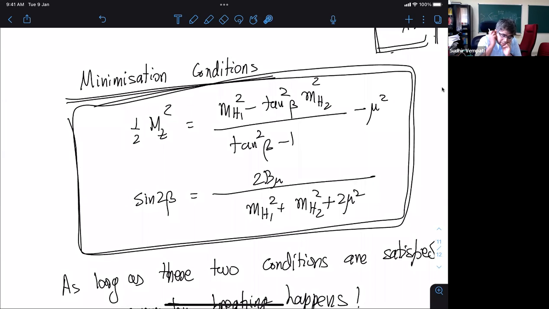The second equation essentially fixes your tan beta. You can always trade one of the soft terms into your tan beta definition using this relation. So you can trade at least two of the parameters of the Higgs potential.